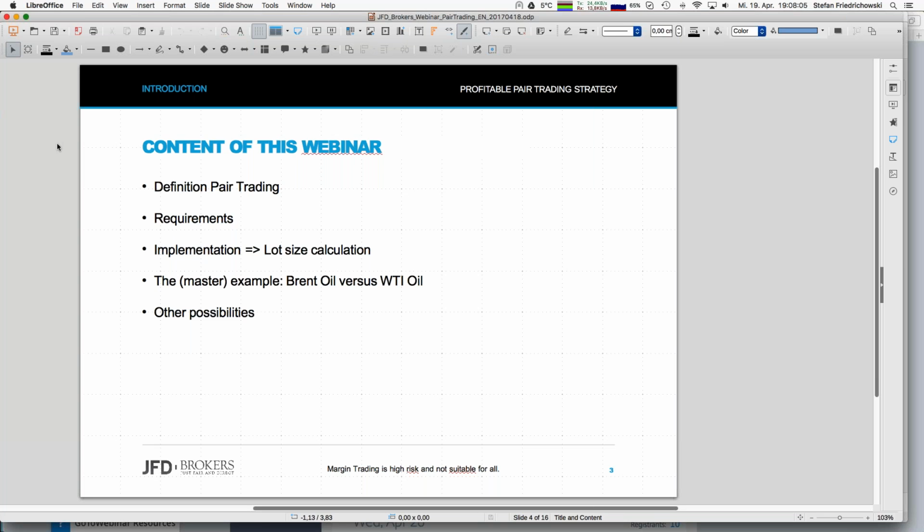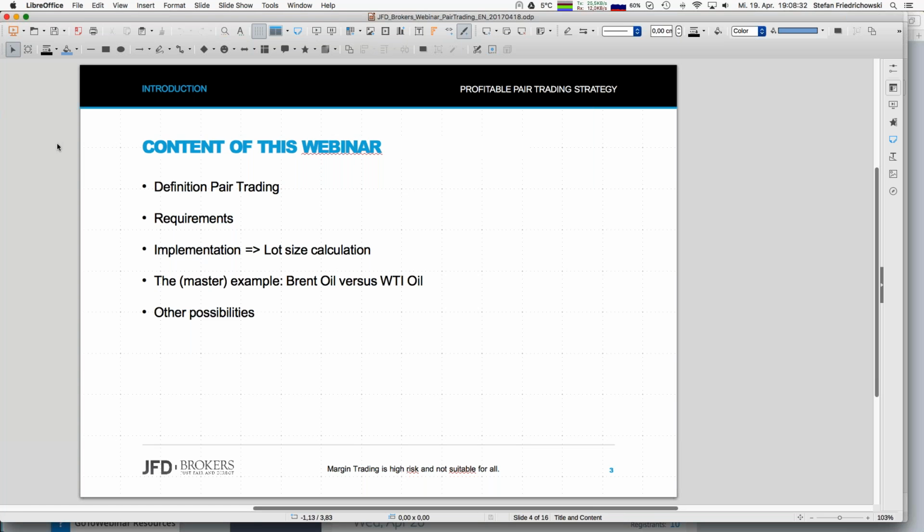There are some certain requirements for those kind of trading activities. For example, one requirement is that we want to have market neutral trades. So in principle, if the overall market only changes, that should not have any impact on those trades.